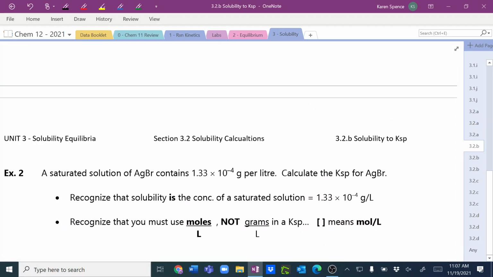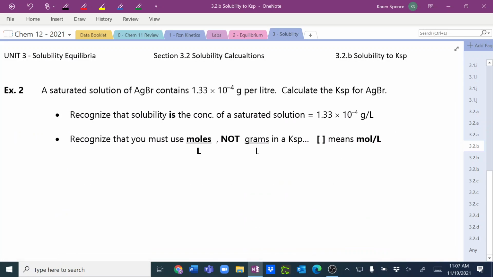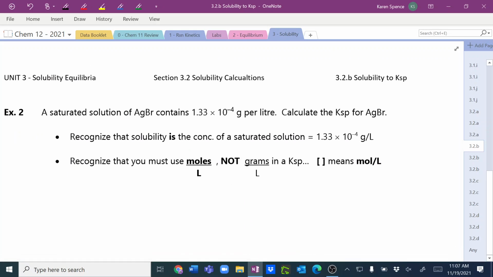So our next question, we are given that a saturated solution of silver bromide contains 1.33 times 10 to the negative 4 grams per liter. Calculate the KSP for AgBr.